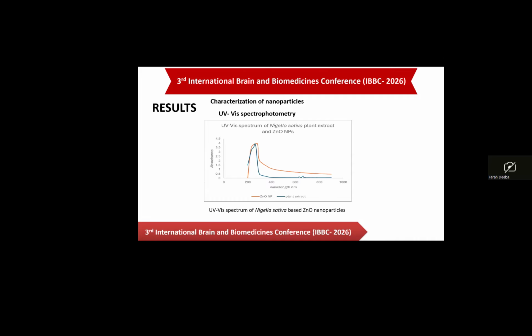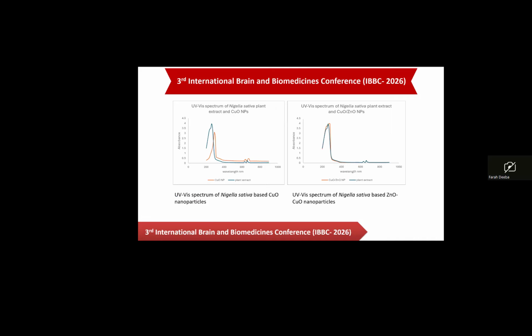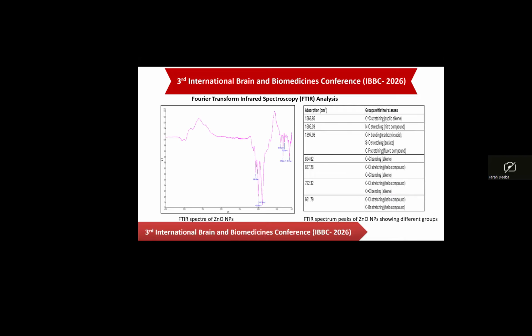The absorption peak observed in the spectra indicates the formation of the nanoparticles. On this slide, the same spectra is shown for the copper oxide nanoparticles and zinc oxide-copper oxide nanoparticles, which also shows the spectral features indicating the combined presence of both metal oxide nanoparticles.